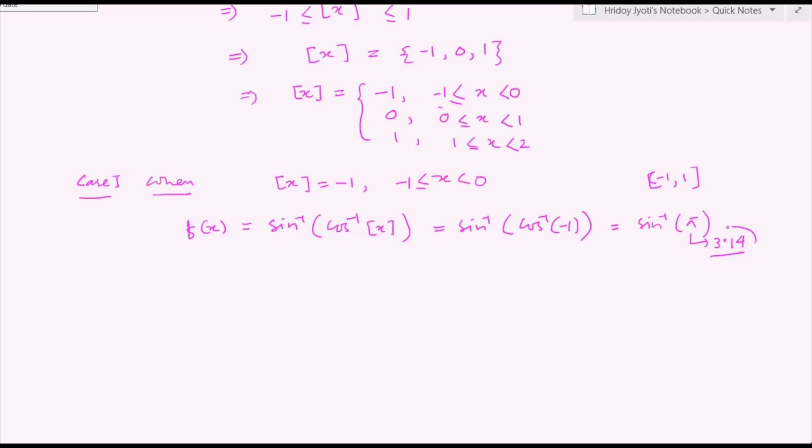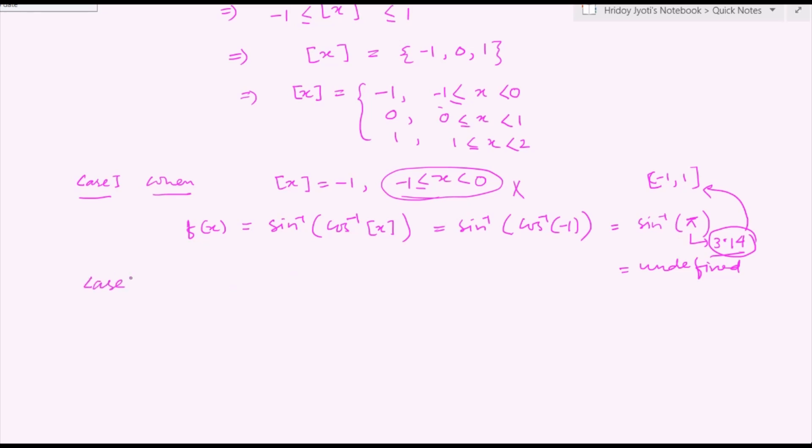So clearly this value is not lying here, so sine inverse is not defined for pi, and we have got undefined. So this is out of the answer.